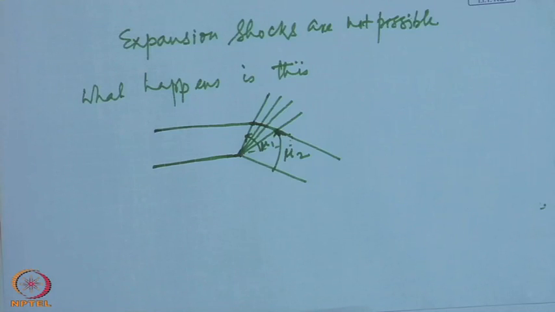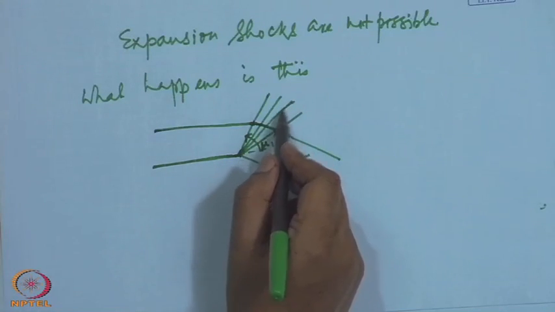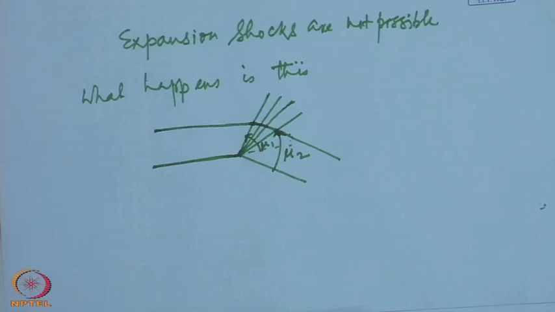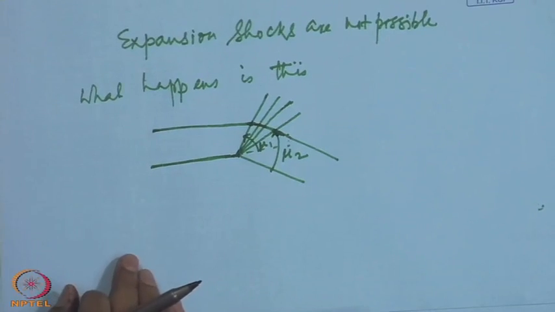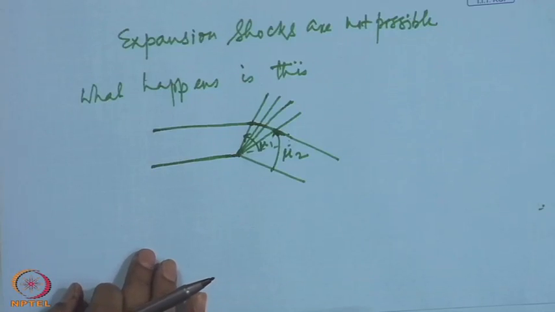This we have already seen, that the characteristics flatten or widen. Again the nonlinear mechanism that makes the compression wave steeper and steeper makes the expansion wave flatter, and these characteristic lines become divergent.